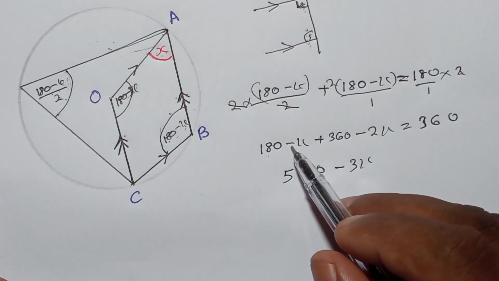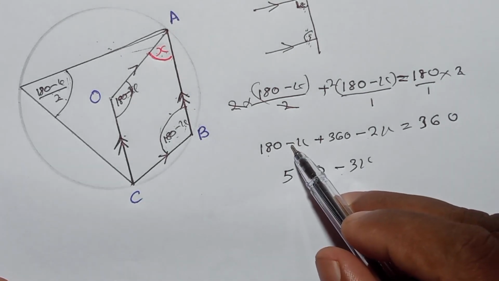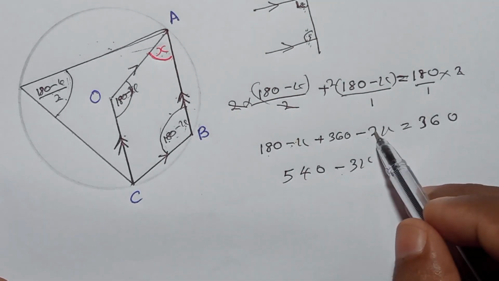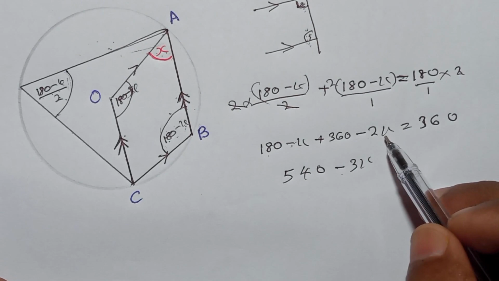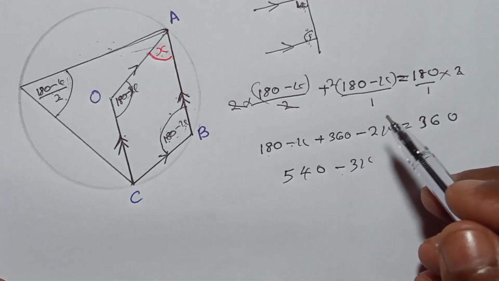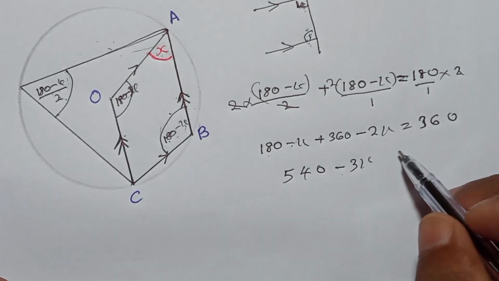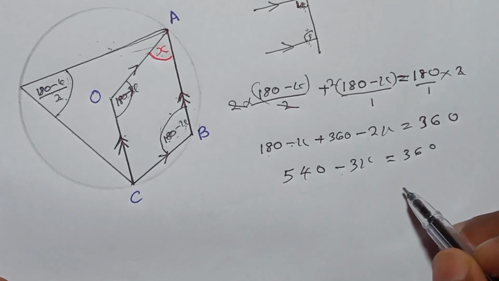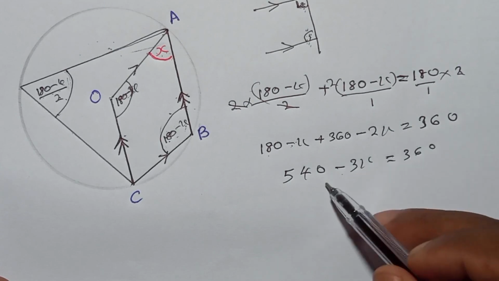Or you can think, when you have the same sign, we put the same sign and sum. That means here minus, here minus, put the minus sign, and then 1 plus 2 means 3, right? Or you can enter into a calculator minus 1 and minus 2, then you will get minus 3. So here minus 3x. Here 360. Now what do I need to do? Now minus 3x goes to this side, 360 goes to this side.